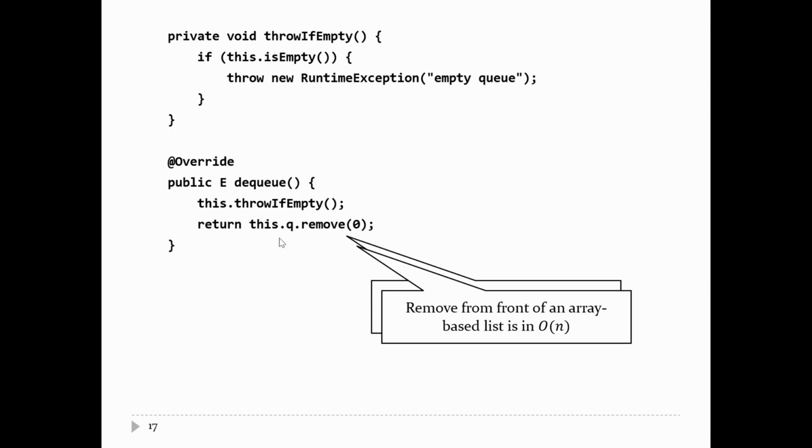To remove an element from the queue, we remove the first element from the list, so remove the element at index 0. That's exactly what you don't want to do, because when you remove an element from the front of the list, all of the other elements in the list have to shuffle forward one position. So your dequeue operation is now in big O of n, which we would like to avoid if we can.